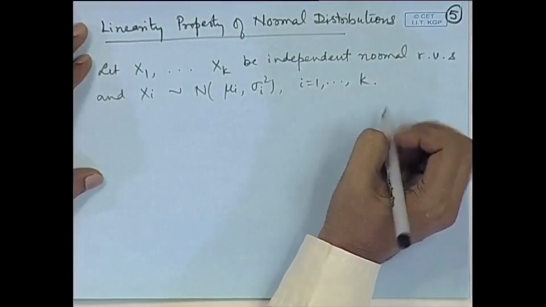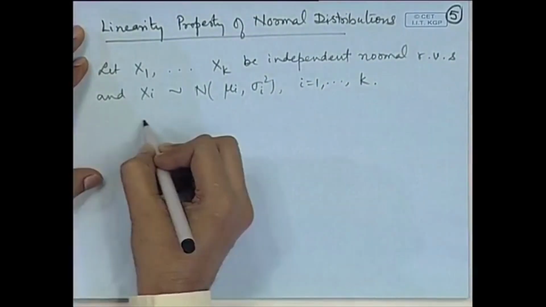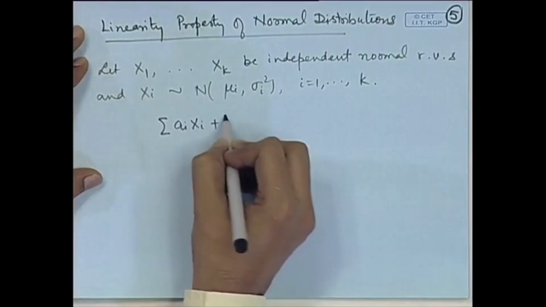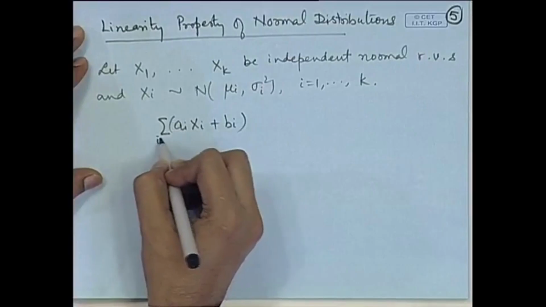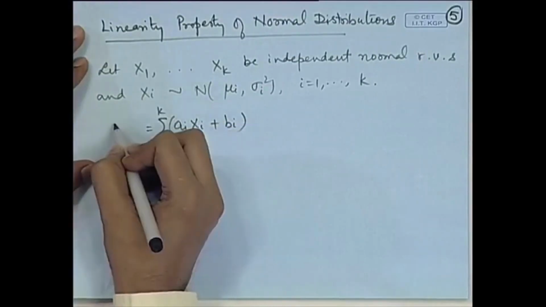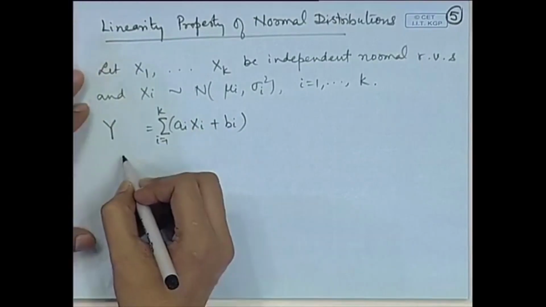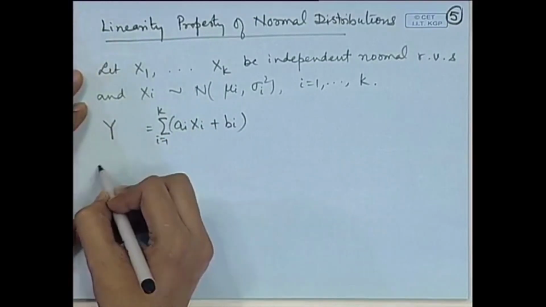Let us consider a linear function Y equal to the sum of ai Xi plus bi, i equal to 1 to k. Let us obtain the distribution of Y.